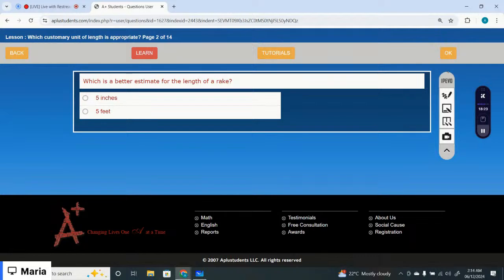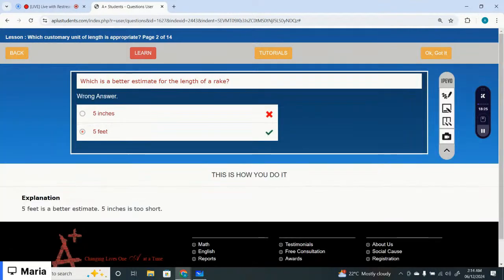That is 5 inches. Option number 1 is the correct option. That is 5 feet.